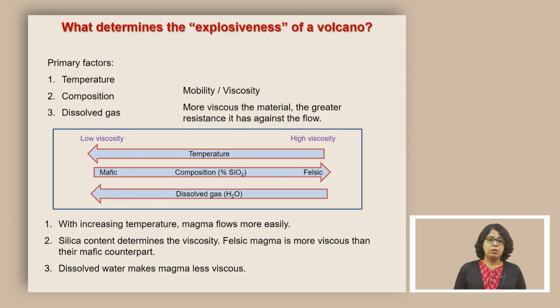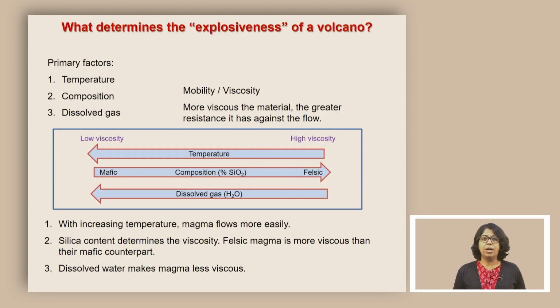Now, the question is, we already talked about this, that once the magma reaches a certain position where the surrounding rock density is similar to the magma density, it stabilizes there, it does not rise up, and it stays in this magma chamber. But then there are situations where it actually moves up from this magma chamber and reaches the surface.